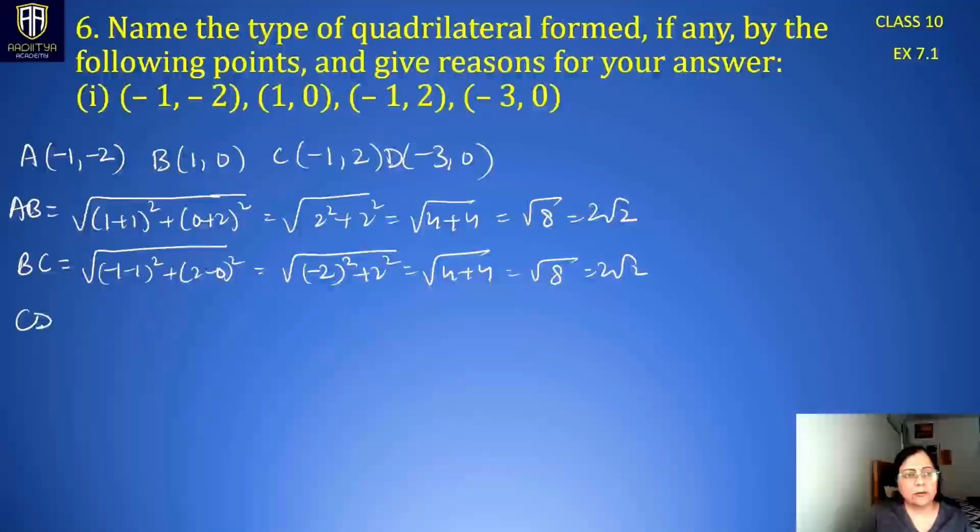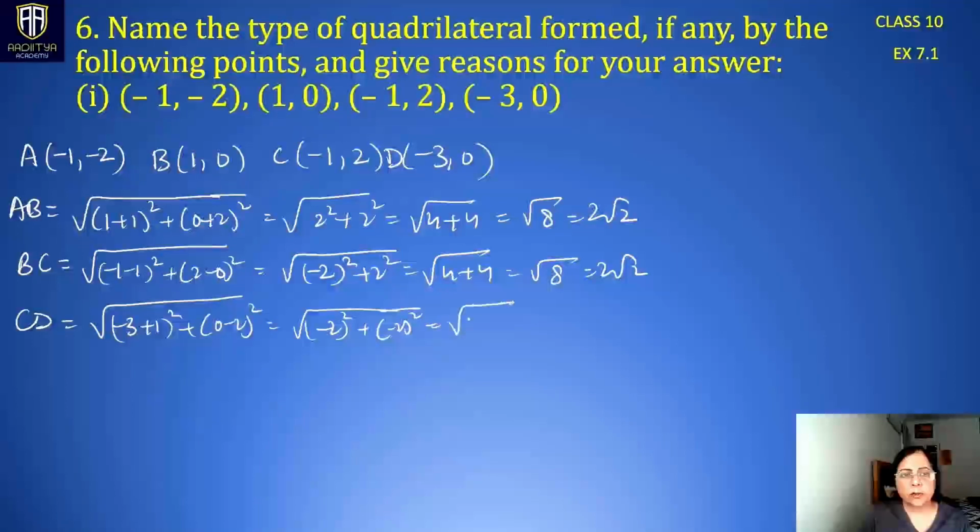Then we have CD. CD is minus 3 minus minus 1, which is plus 1 square, and 0 minus 2 square. So we have minus 2 square added to minus 2 square. Again we have 4 plus 4, so it is root 8, which is 2 root 2. Finally we have DA.